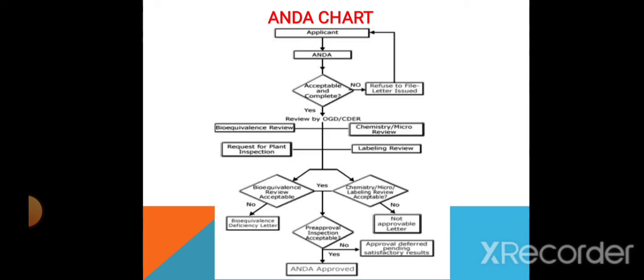If after review of bioequivalence there is any deficiency, a deficiency letter is given, and the deficiency letter is also given to the sponsor.